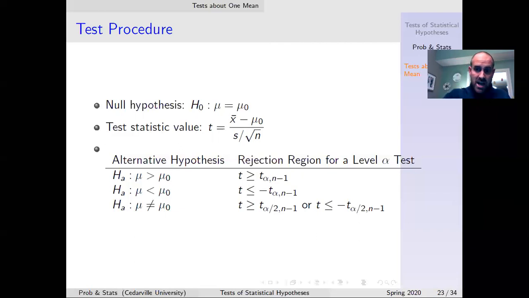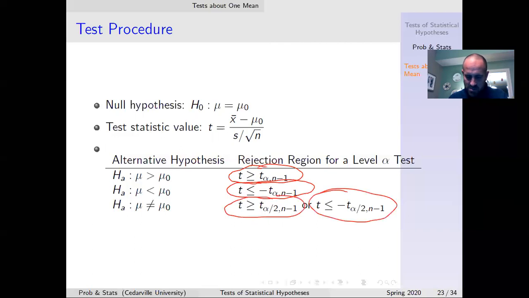You would put all of the alpha in the right tail. This one is saying all of the alpha is in the left tail. And in this case right here, you're splitting the alpha between two tails, just like you did before for the Z. But you have to use the table slightly differently, of course, than you did for the Z.